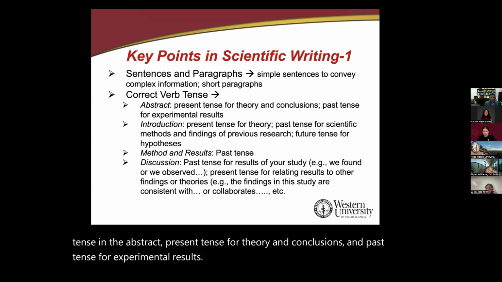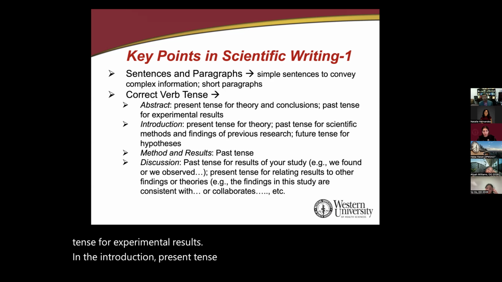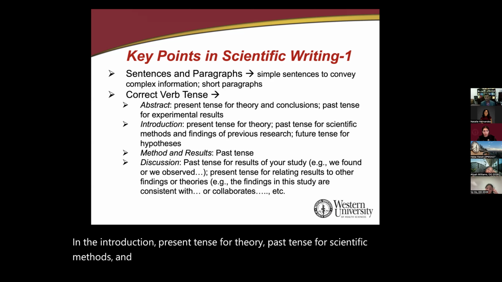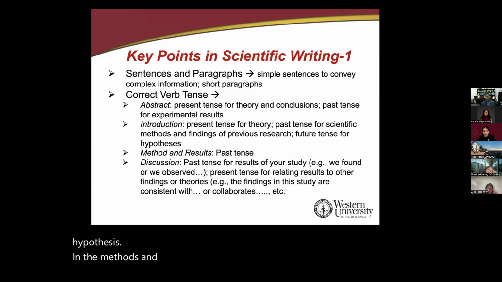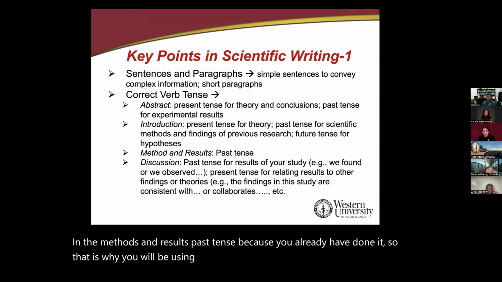In the introduction, present tense for theory, past tense for scientific methods and findings of previous research, and future tense for hypotheses. In the methods and results, past tense, because you already have done it.